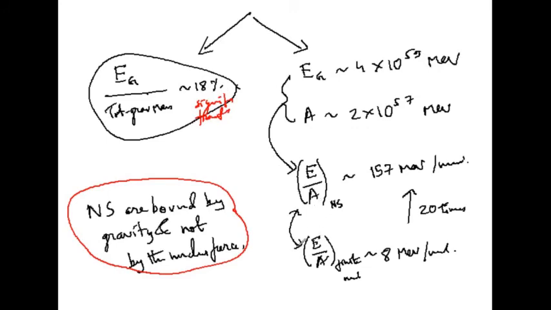When we compare the gravitational energy per nucleon for a limiting neutron star with that of a finite nucleus, and consider the long, infinite range of gravity compared to the very short range of the strong interaction, we come to the conclusion that indeed it is gravity and not the nuclear force which is binding the neutron star.